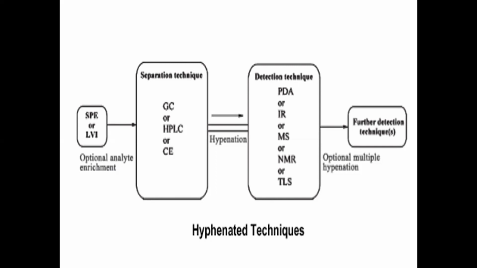This separation technique is combined with a detection technique, that is, an identification technique, which is PDA, IR, NMR, MS, etc. These two combined together are hence called hyphenation. There are multiple optional hyphenations present, and after this detection technique, there are further detection techniques.